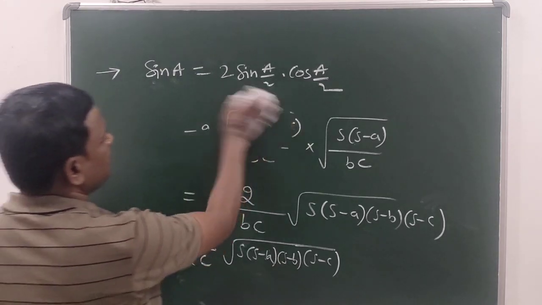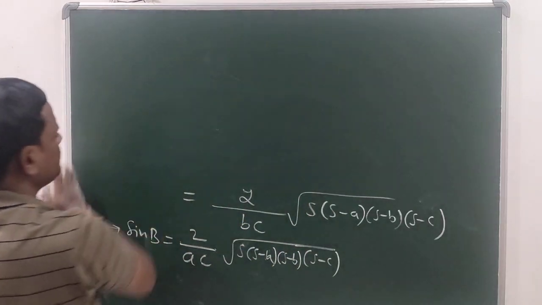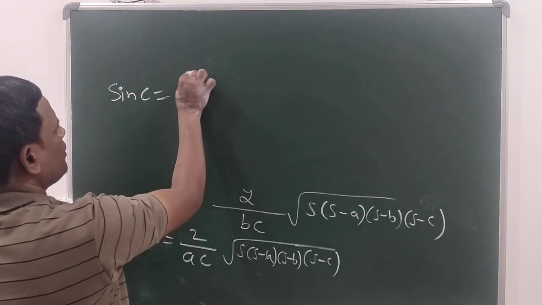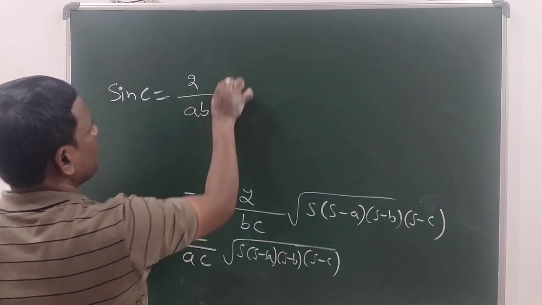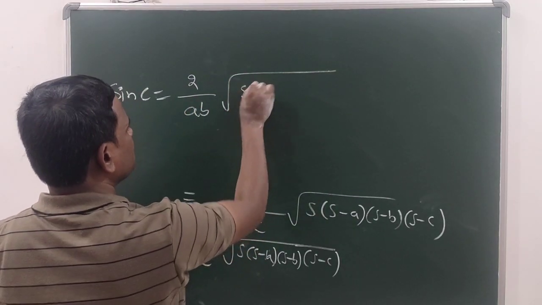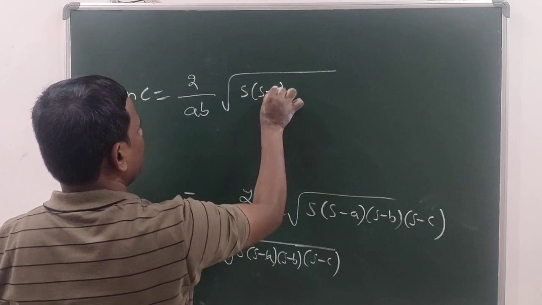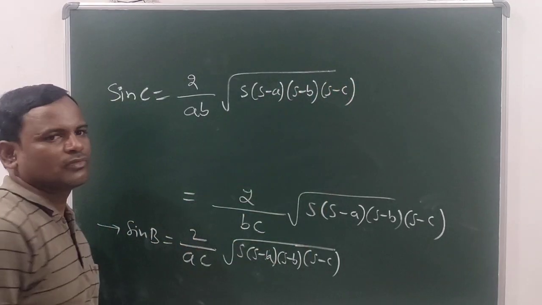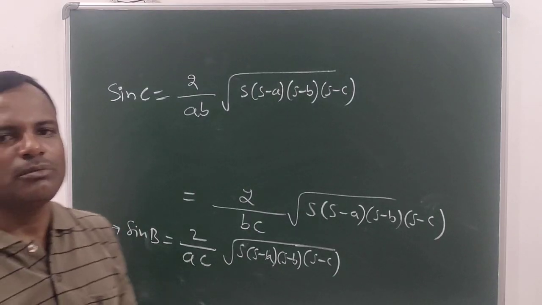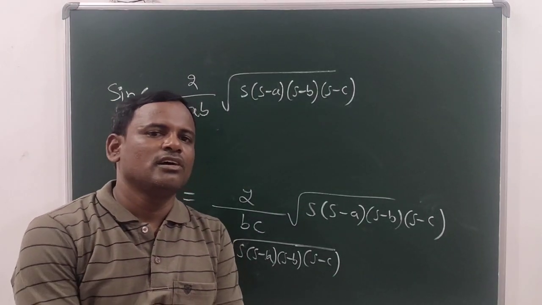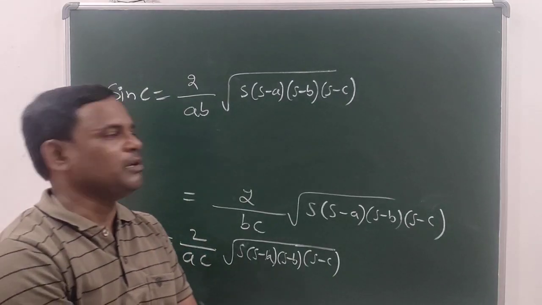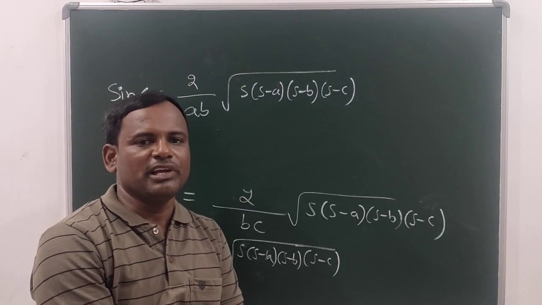Similarly, can you write sin C? Sin C is equal to 2 by ab root of s into s minus a, s minus b, s minus c. So these are some useful formulas, sin A, sin B, sin C, which help you while doing the applications.